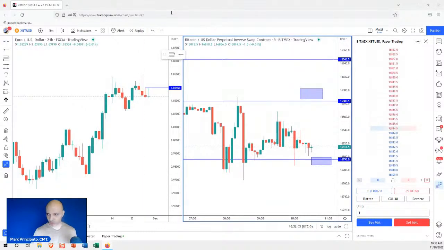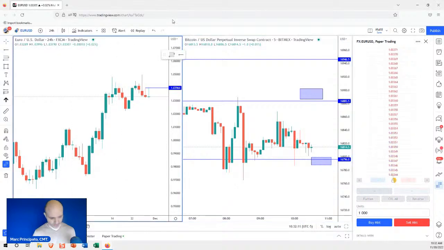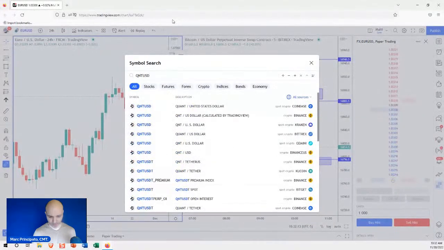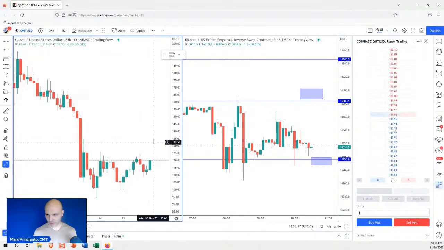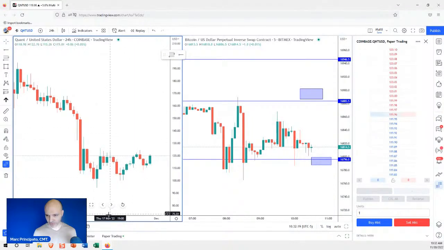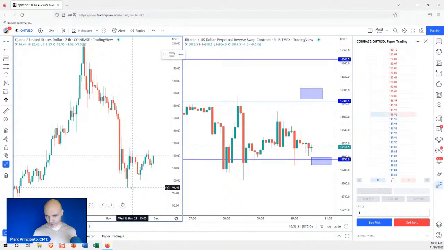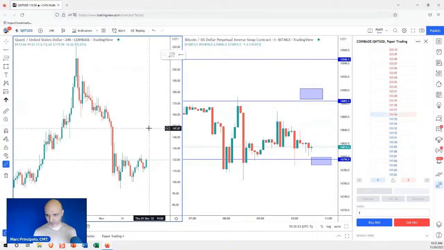Here's what I want to do while we're waiting for this Bitcoin to do something. QNT. I just want to look at some nonsense coins, right, that were previously very popular, and people ask me a lot of questions about. I just want to point a few things out.